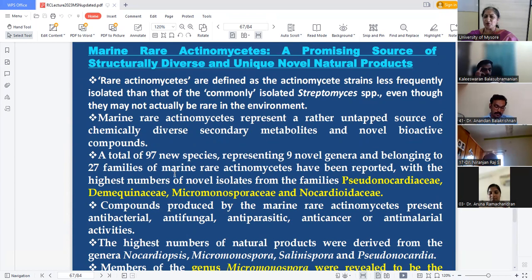There are so many of them, and there is so much of an identification problem in actinomycetes. You have to go for the DNA isolation and sequencing of the 16S rRNA gene, and then deposit them in GenBank, blast search, and then identify. That is where your bioinformatics comes into the picture.